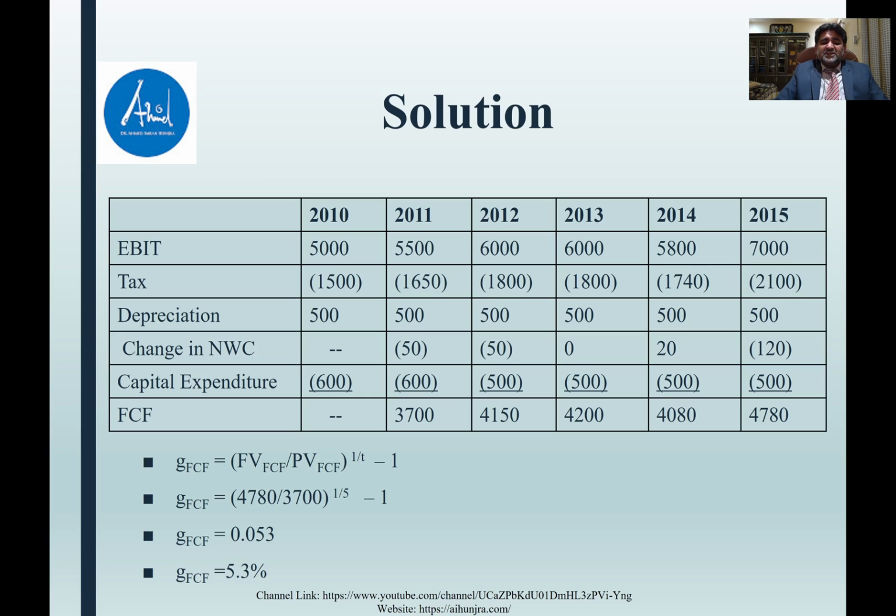The most recent free cash flow is represented by the future value, and the starting year free cash flow is considered the present value. We have simplified it by this formula, and we can find the growth rate of free cash flow.